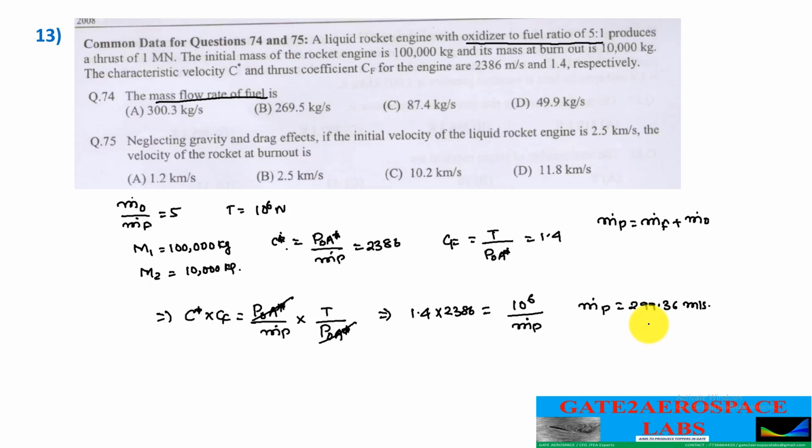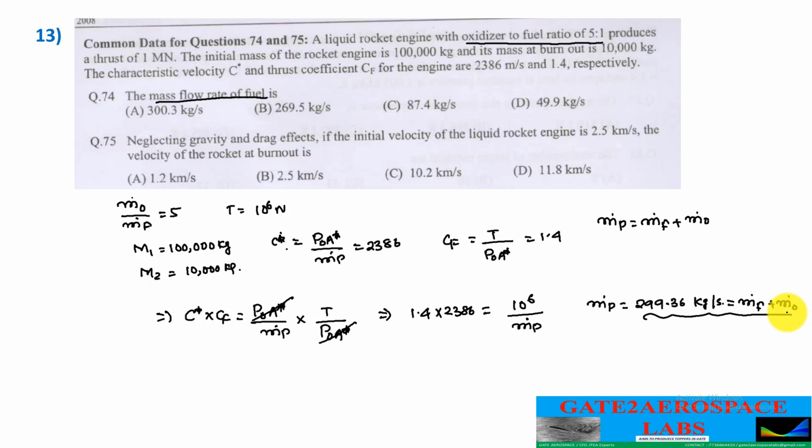If you solve this, you will get the mass flow rate of propellant as 299.36 kg per second. Sorry, not meter per second. This is for propellant. It is a combination of mass flow rate of fuel plus mass flow rate of oxidizer.